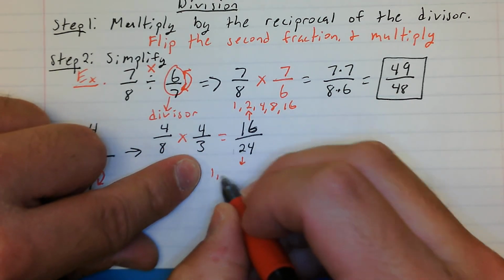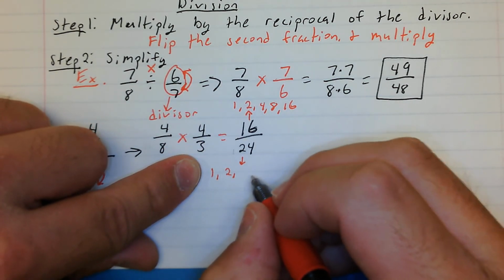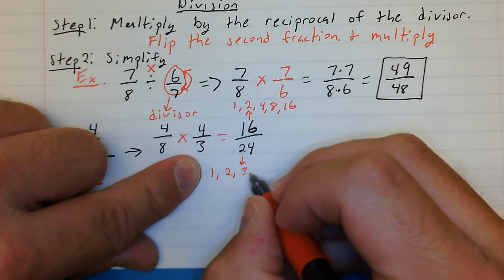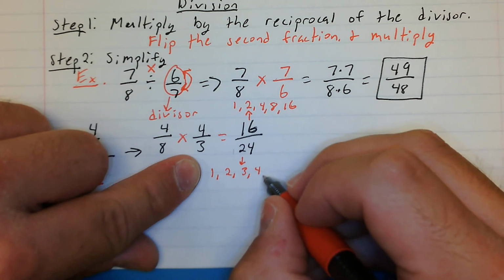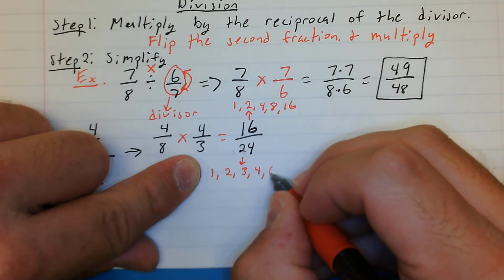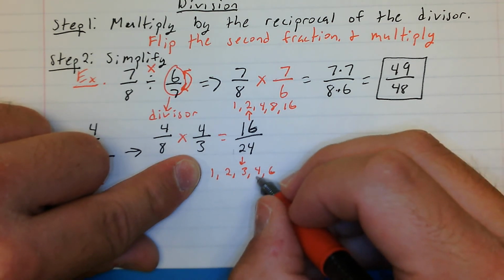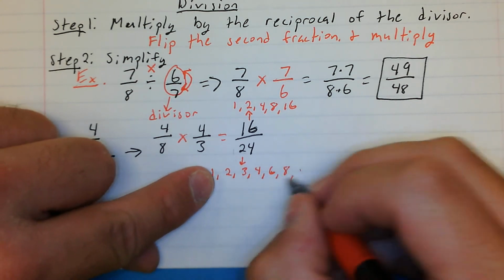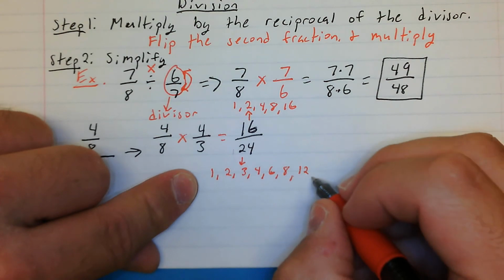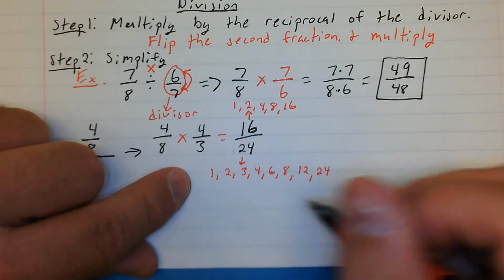We have 1 and 24, 2 and 12, 3 and 8, 6 and 4. Man, that's a lot of numbers. So no 5, so 6 and 4, 8 times 3, 12 times 2, and 24 times 1.